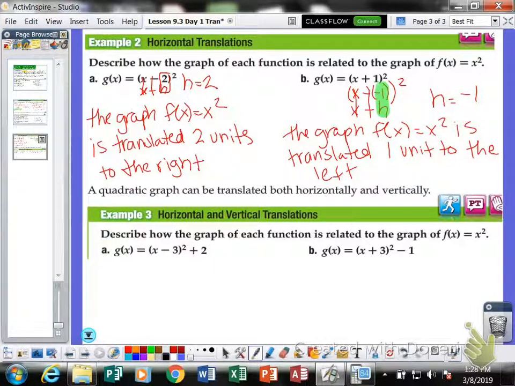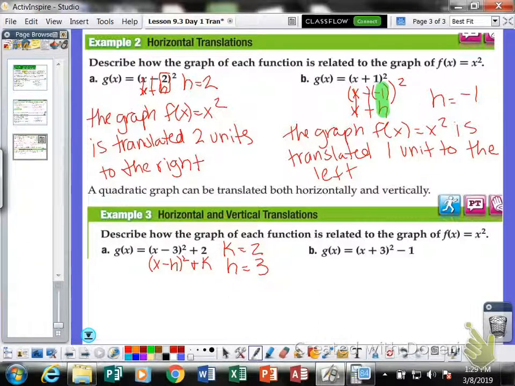So in part A here, describe how the graph of each function is related to f of x equals x squared. So there's a bunch of stuff going on. First we have the x minus h squared, and then we have the plus k. So our k is a positive 2, and our h is a positive 3. So h is 3.